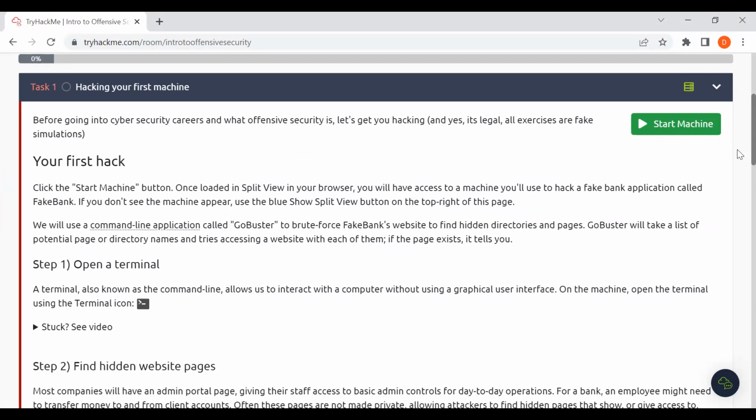So all the exercises that you are doing on this platform are simulations, but they are fake in the sense that you are not moving out of this platform. The whole thing is not moving out of this platform, but the knowledge is needed, right?